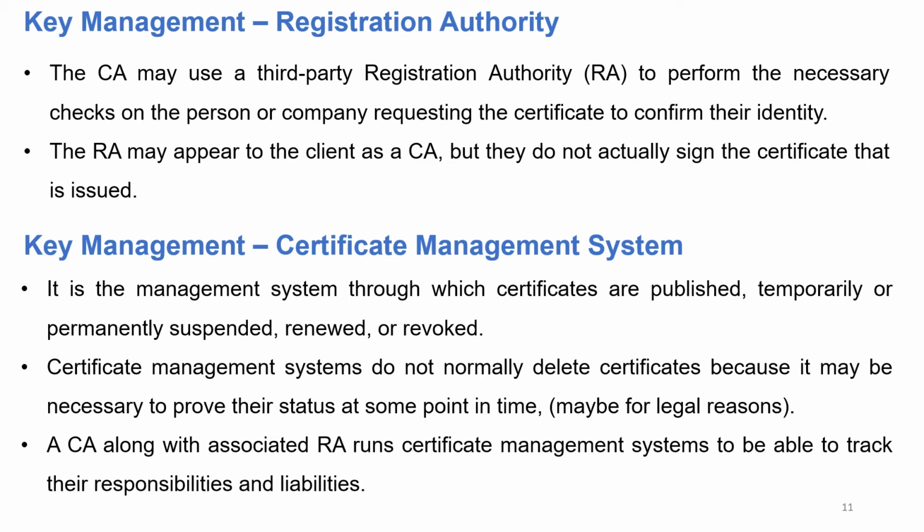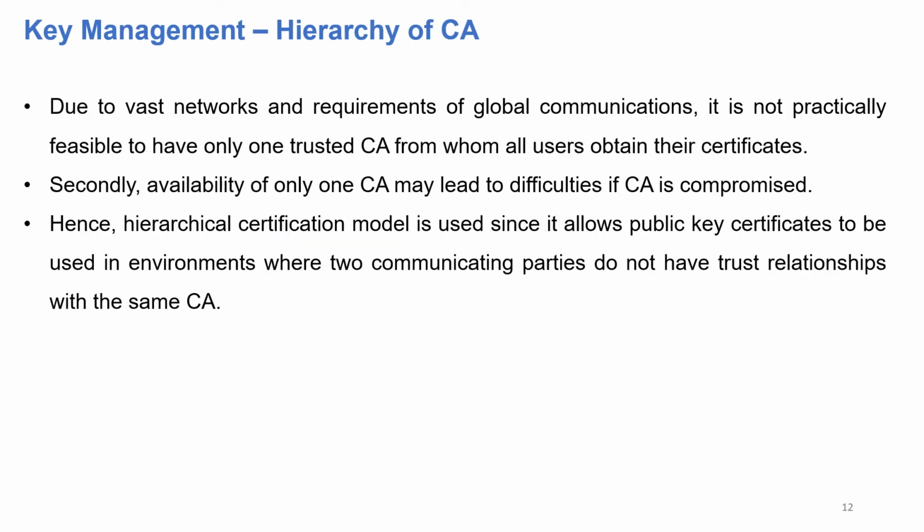Now coming to the hierarchy of certifying authority. Why do we need a hierarchy? Now we know that globally there are vast networks and requirements of communication, and so it is not practical to have just one trusted certifying authority which all the users will have to depend on to obtain their certificates.